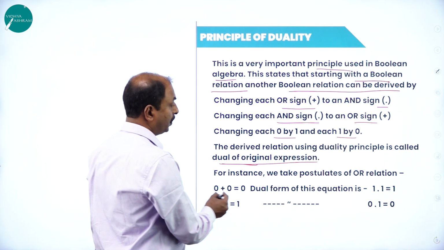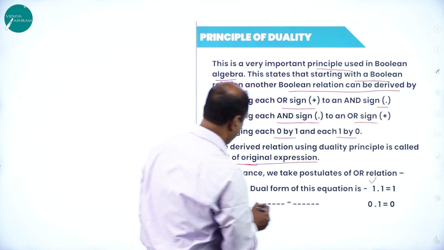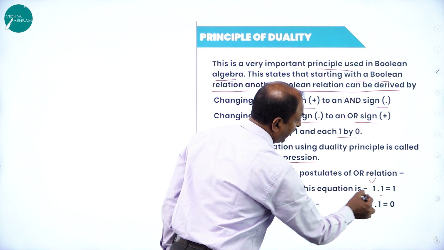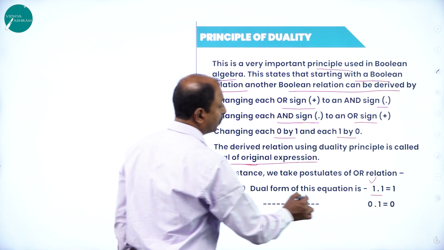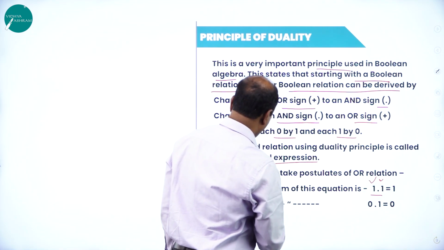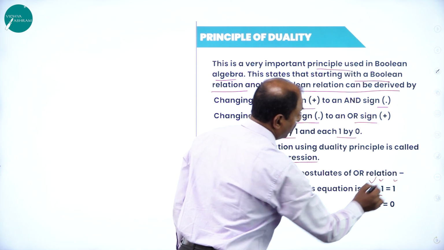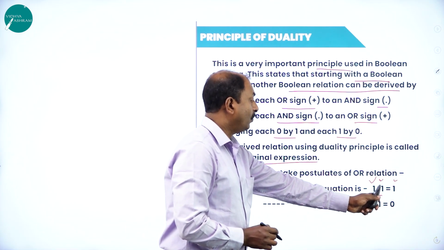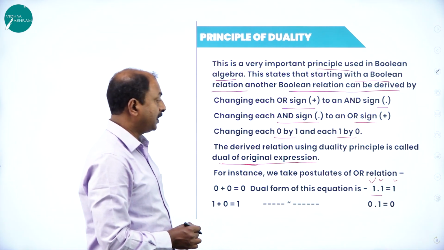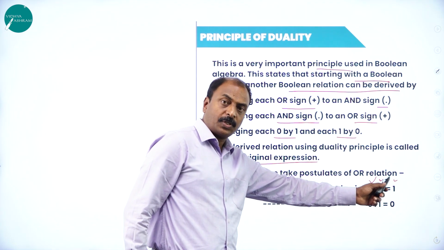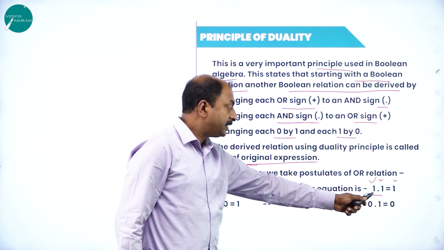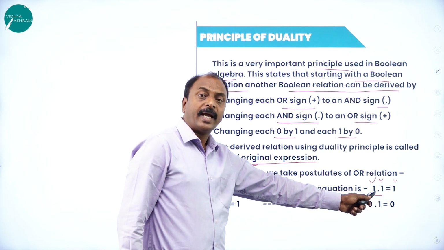Accordingly, we change 0 to 1, plus to the AND operator, and this 0 to 1, and the result 0 to 1. So it is 1 and 1 equals 1. So this is a new equation. This is nothing but the logical AND operation.